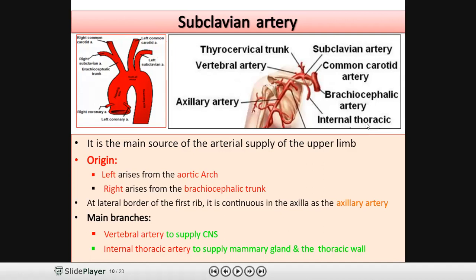It supplies the chest region, the walls of the thoracic region, and the breast. So the mammary gland receives blood supply from the internal thoracic artery. Remember, the subclavian artery gives rise to the vertebral artery, which supplies the brain, and the internal thoracic artery, which supplies the mammary gland and the thoracic wall.